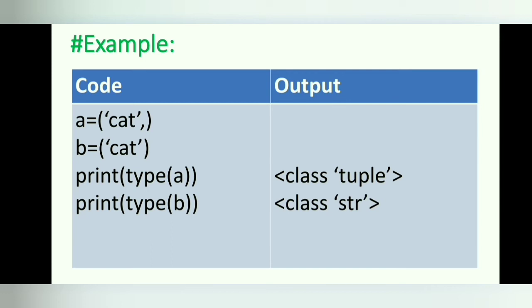The output will be a string data type in the case of the second statement. Without a trailing comma, Python will assume you have just typed a value inside regular parentheses. That is why the first one is a tuple and the second one is a string data type.